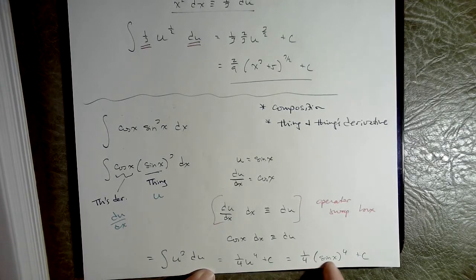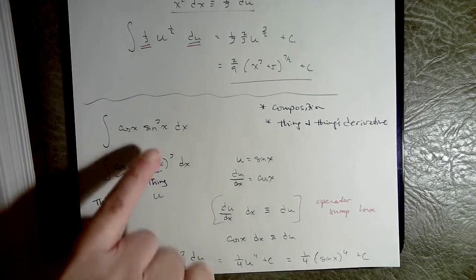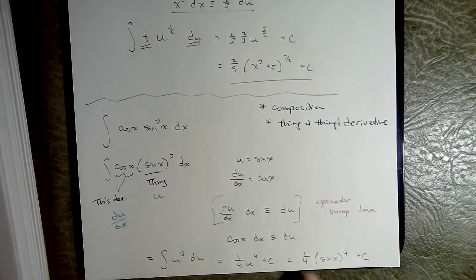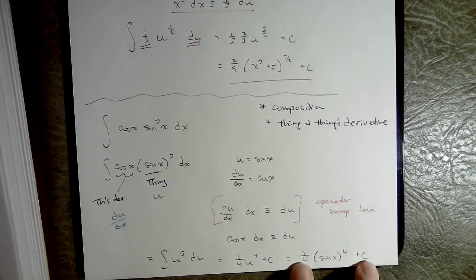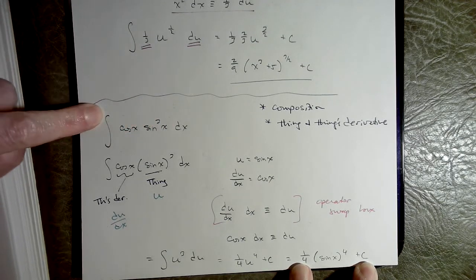It is fine to leave your answer like that with brackets to the 4th. If you want to say sine to the little 4 of x, that's cool. Just like we did sine cubed, you can do sine 4th. And that's your answer. That's the integral of that thing.